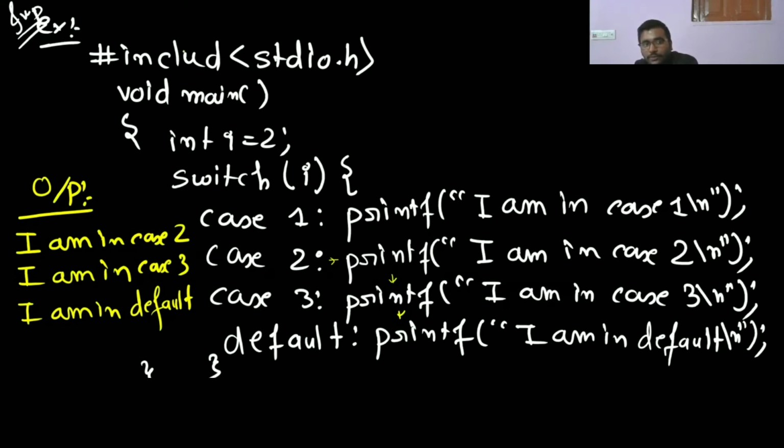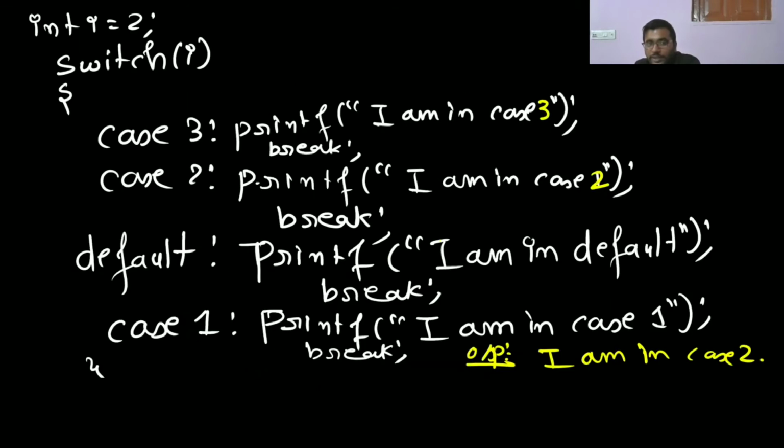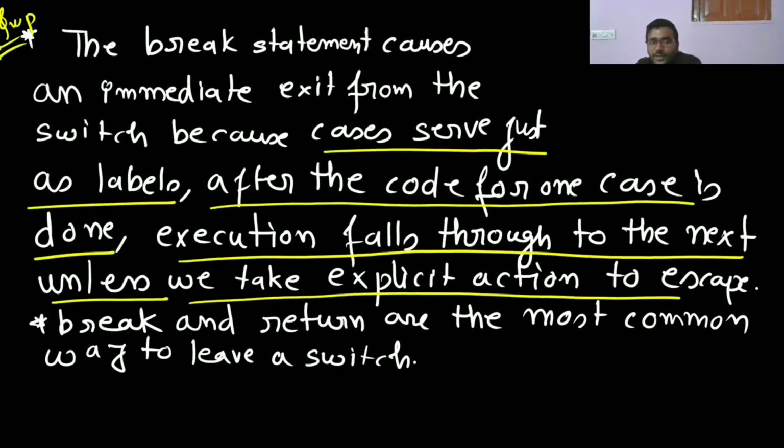So if i equals 2, then "I am in case 2", then "I am in case 3", all these statements will execute. That's why you need to write break forcefully to exit from the switch.